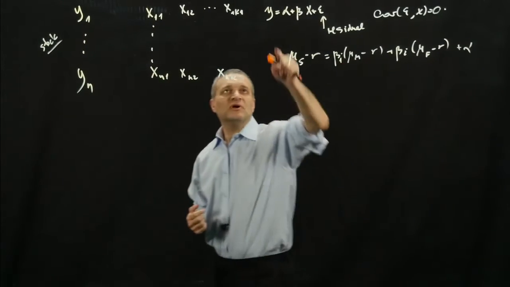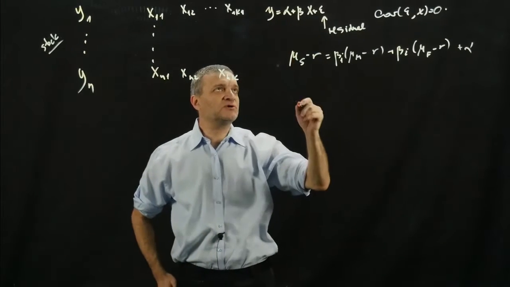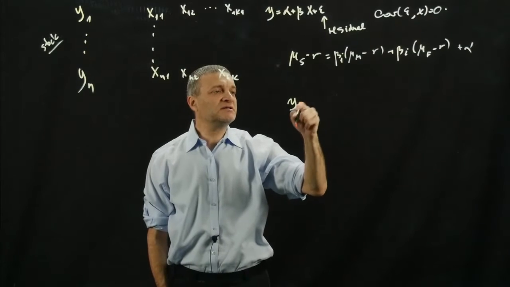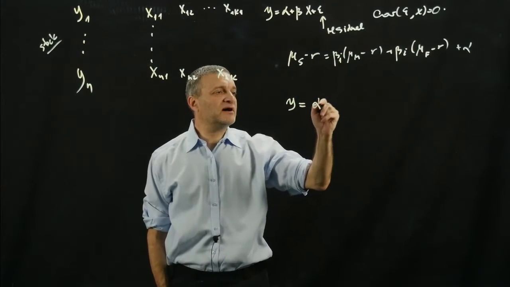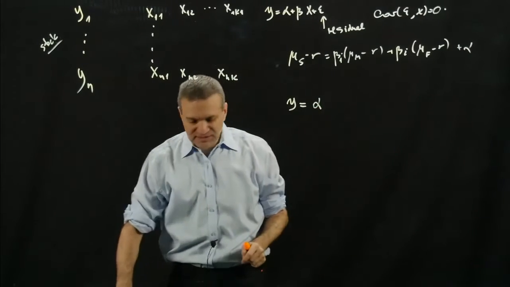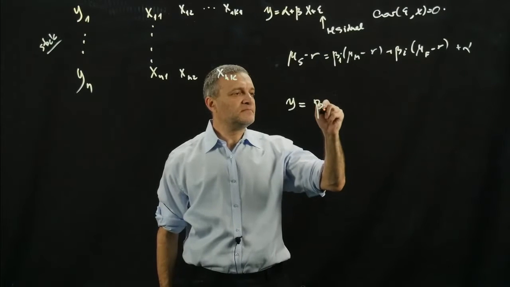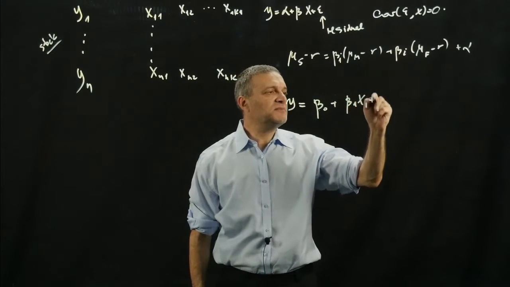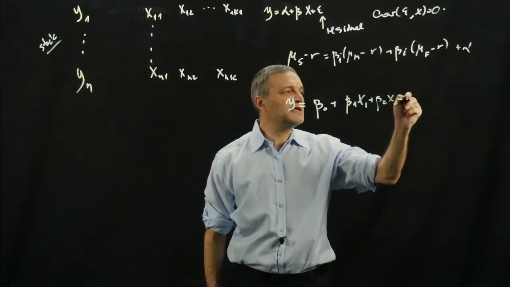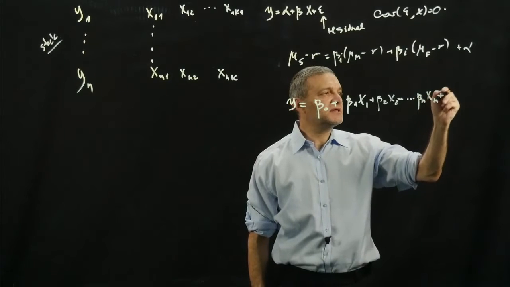Now we're going to represent it not with one factor, but with multiple factors. So y is going to be, let's say, beta 0 plus beta 1 times x1 plus beta 2 times x2 and so on up to beta n times xn, plus epsilon.